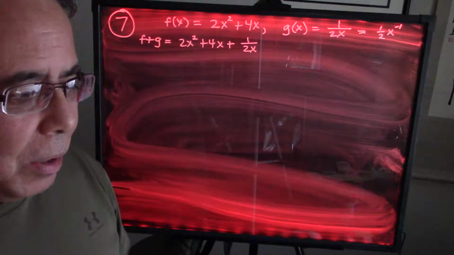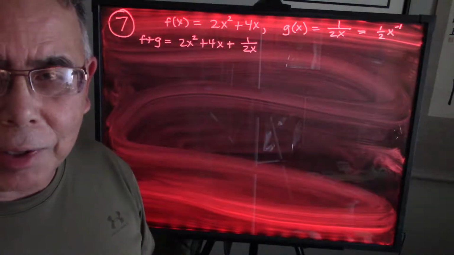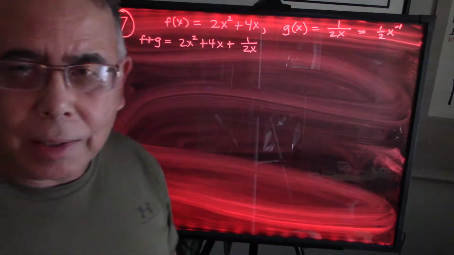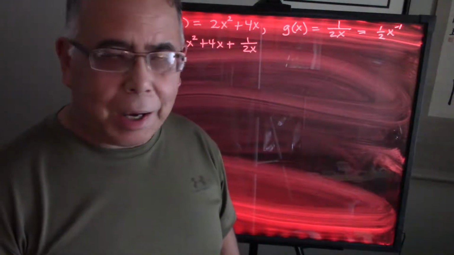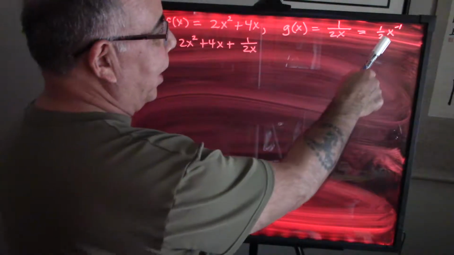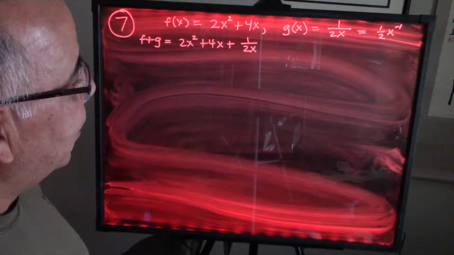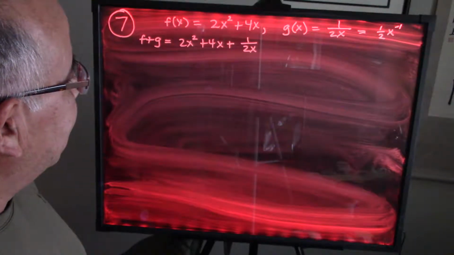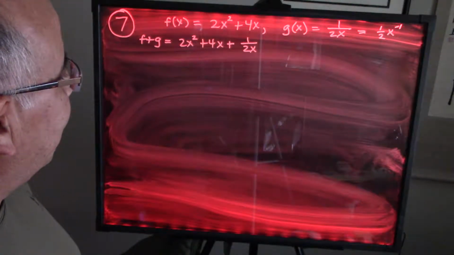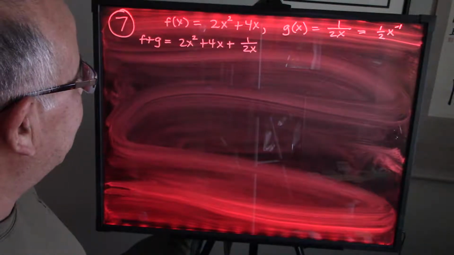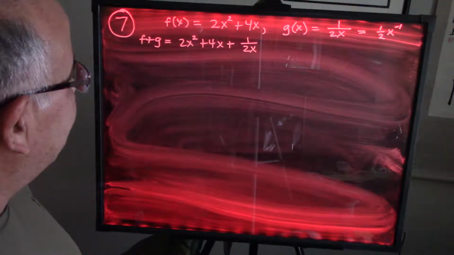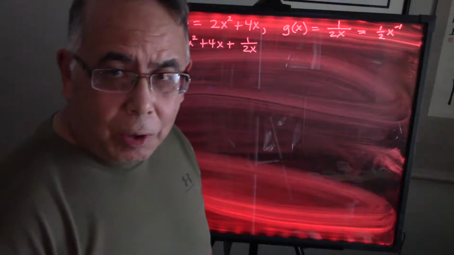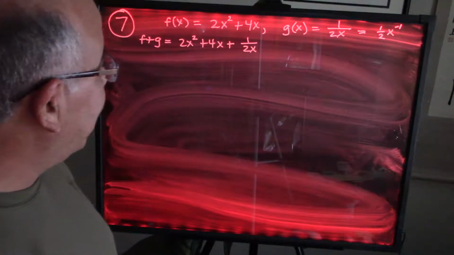So it can be 0, 1, 2, 3, 4, 5, 6, and so on. But in a polynomial, you can't have negative powers like here. Okay? So this isn't really a polynomial function, so you wouldn't consider this really simplified. Okay? So let's write it as a rational function.